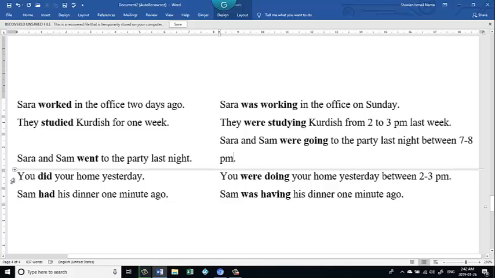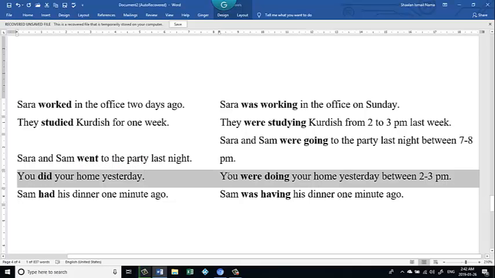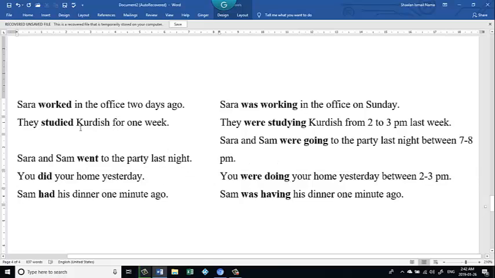Okay, let's continue here. If we have a sentence like this, you did your homework yesterday. Then if I make this one continuous, because here I have did, then I'm going to put here, let's say, you were doing your homework yesterday between 2 and 3. If we look back here, let's go back here, then we're going to have more detail about this.